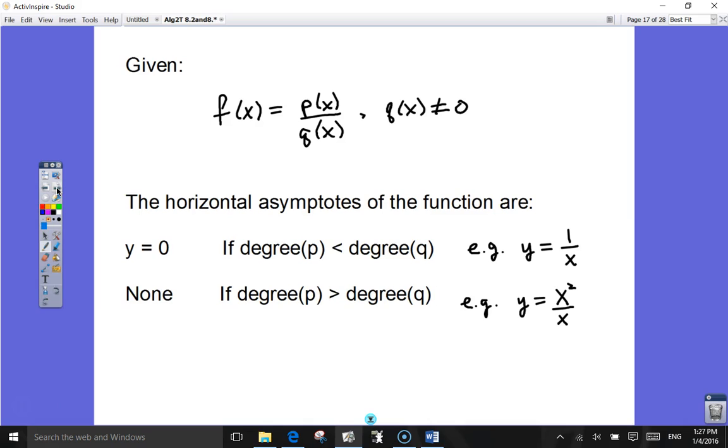I mean, this you could simplify. That's y equals x. Y equals x is a straight line. That doesn't approach some fixed value. It's going towards infinity or negative infinity. So the first 2 rules are: when the numerator has a higher degree, there is no horizontal asymptote. When the denominator has a higher degree, then y equals 0 is the horizontal asymptote. Just like we saw. This is an inverse variation. We saw that one already. It had an asymptote at y equals 0.